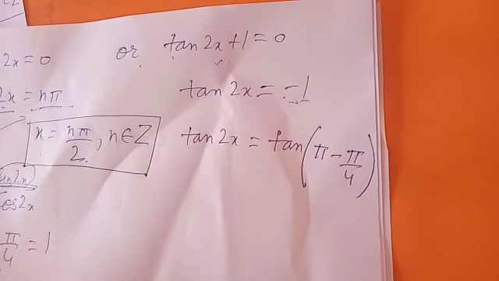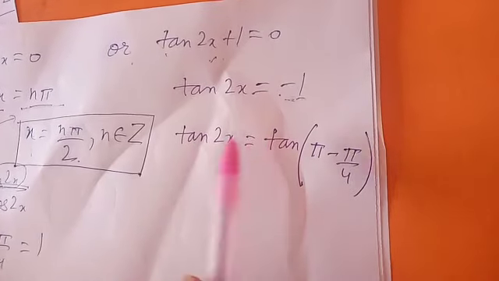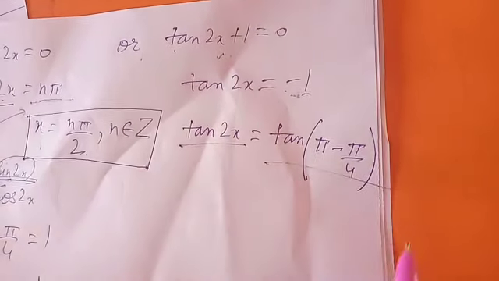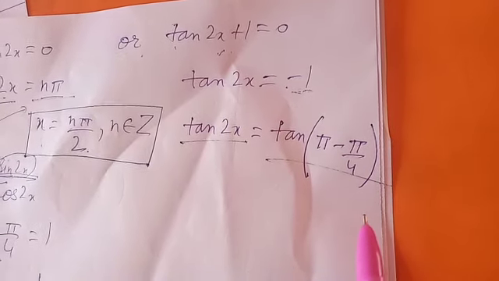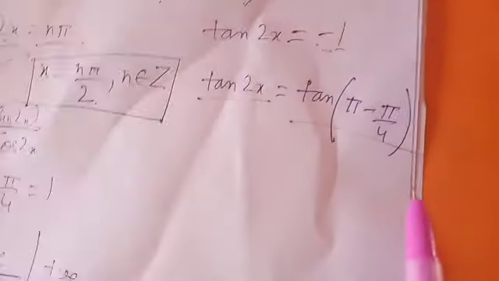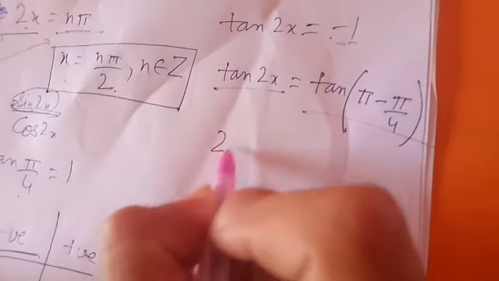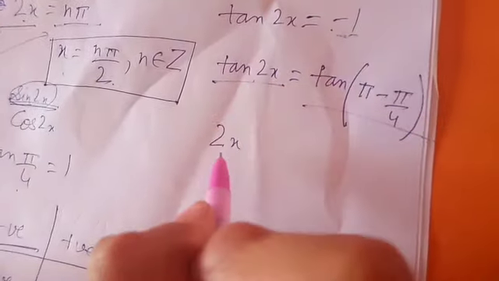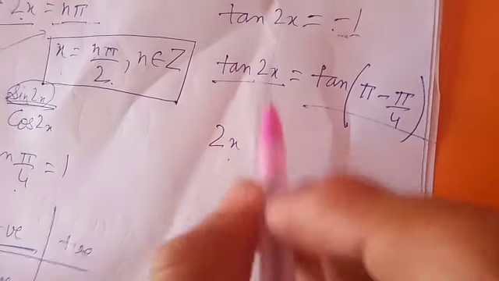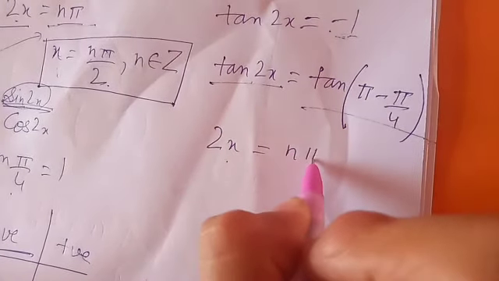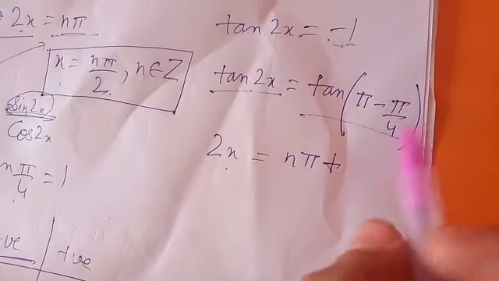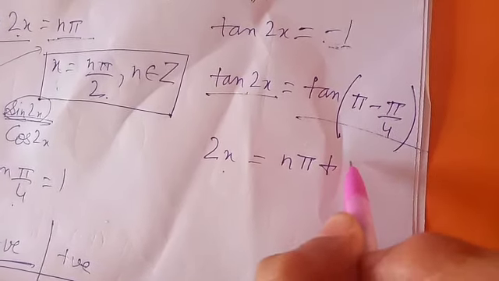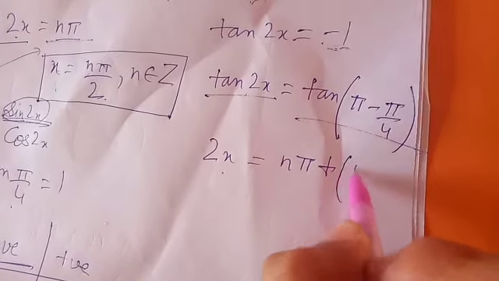Okay, so whenever tangent x is equal to tangent y, to get our general solution, here our x is 2x, so 2x will be equal to n pi plus y, and what will be y here, that is pi minus pi by 4.